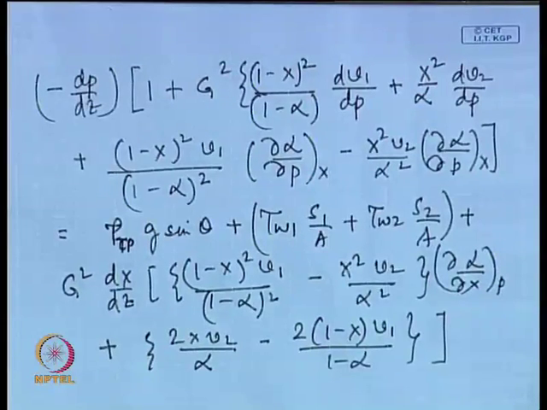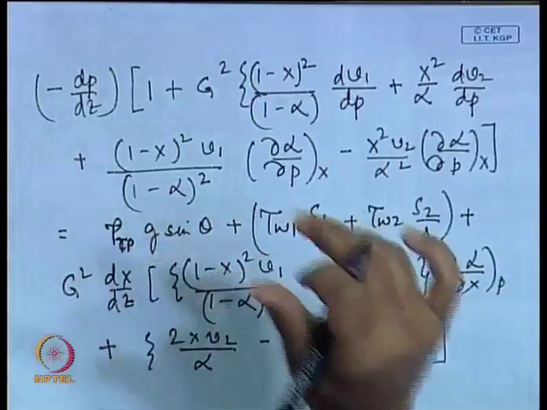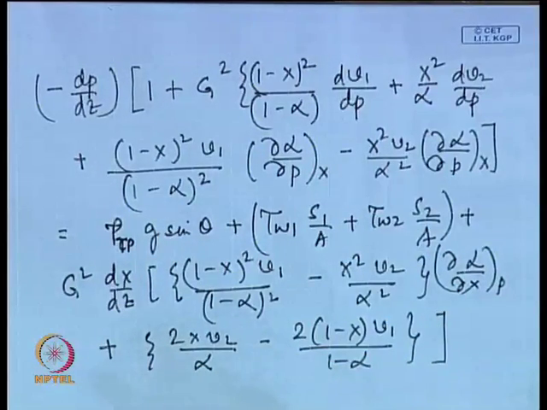This is the total pressure gradient expression that we have here. A huge expression which might frighten you, but if you do it slowly, understanding everything and not making mistakes, then I do not think it is going to be very difficult for you.